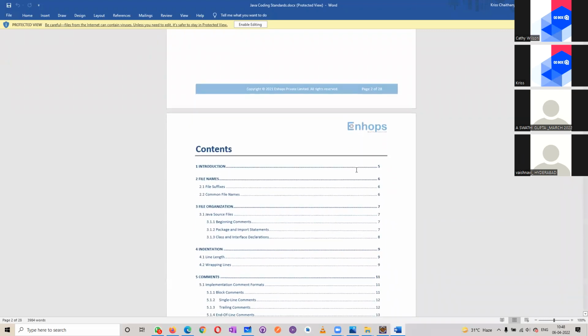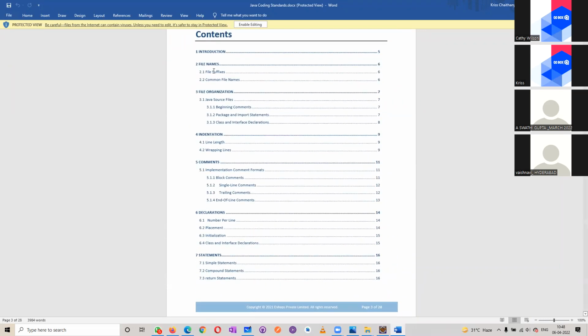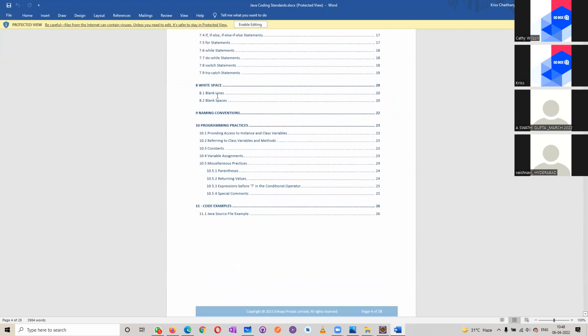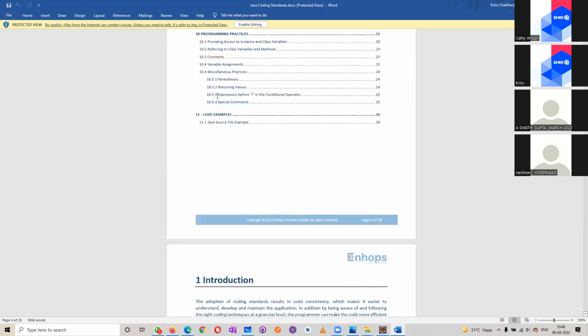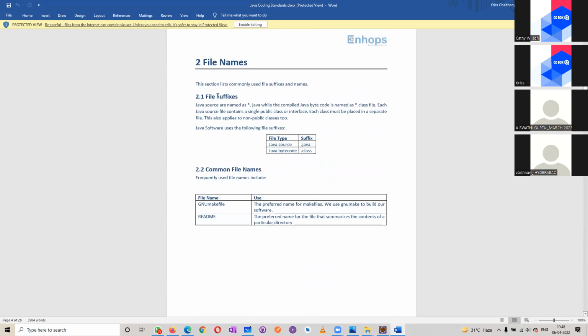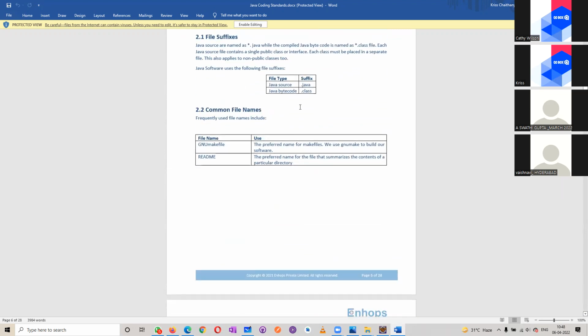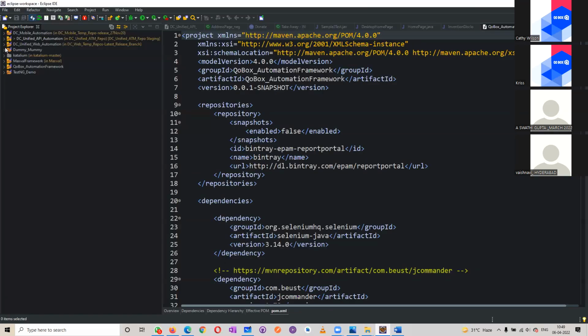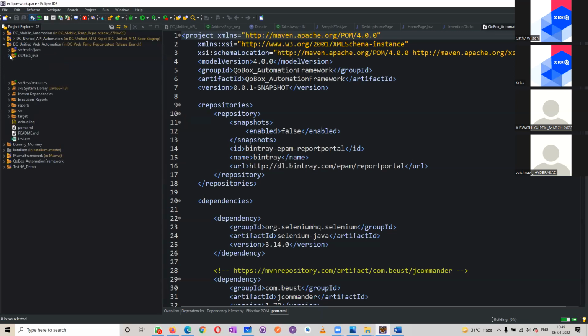Now, when it comes to this, you can see what the contents are which we need to do. For example, if I am creating a method name, don't worry about what a method name and variable names are, anyway that will come as part of your Java. So there would be certain standards when you're writing your piece of code, so that the code has the basic standards.